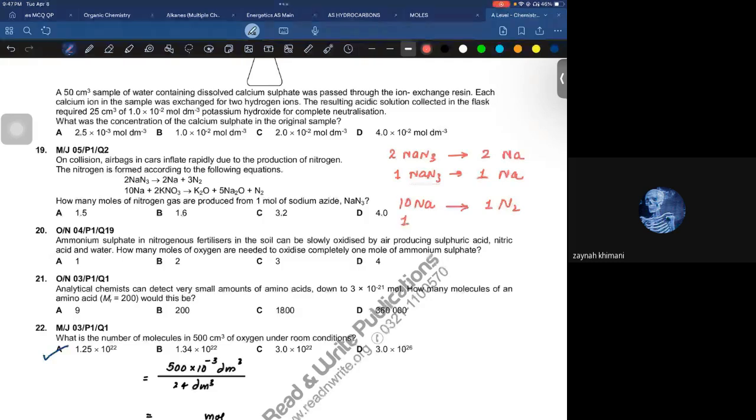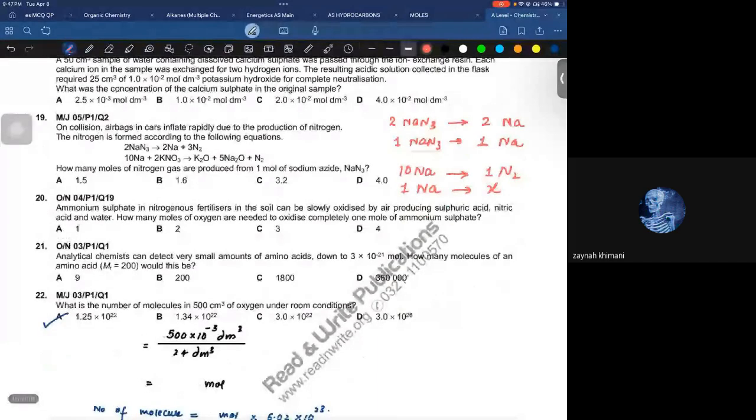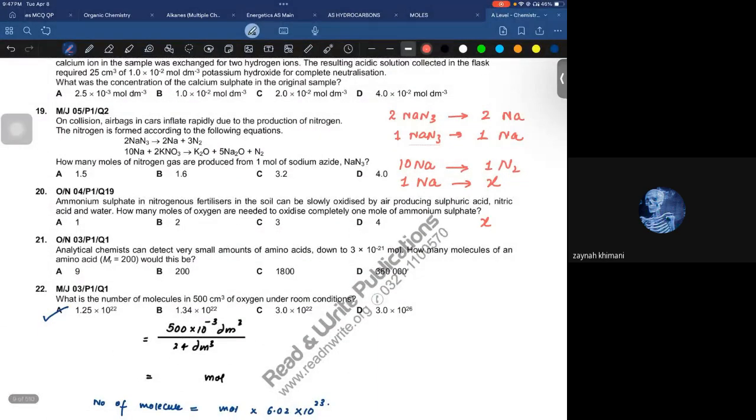So 1 mole of sodium would give you how many moles of nitrogen? That is X. X would be equal to 1 by 10, that is 0.1 mole. According to equation 2, I got the moles of nitrogen, that is 0.1.